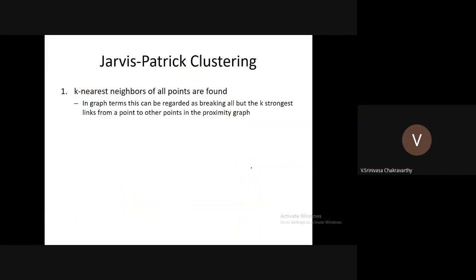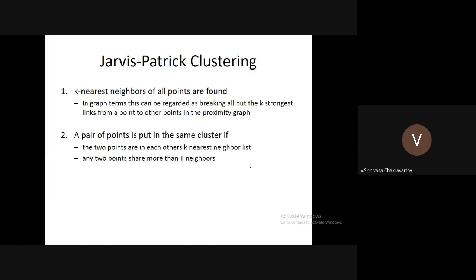Okay, so with a graph like that, there's an interesting clustering algorithm which is more powerful than the simple sparsity-based graph clustering algorithm. This is called Jarvis-Patrick clustering. Here you find all the k nearest neighbors. For every point you find the k nearest neighbors, which means you have to pick k. That's again a given number.